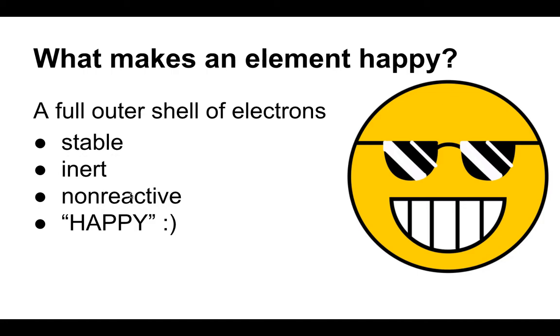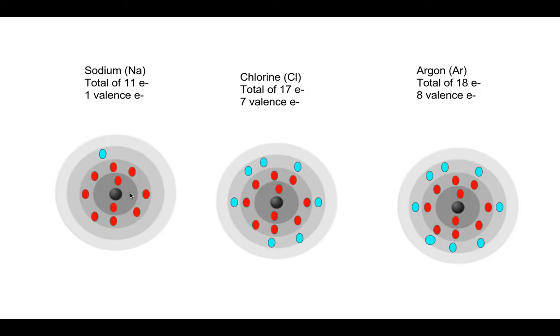So let's talk a little bit more about that. Here you can see 3 elements: sodium, chlorine, and argon. Sodium has a total of 11 electrons and 1 valence electron. Is sodium happy?